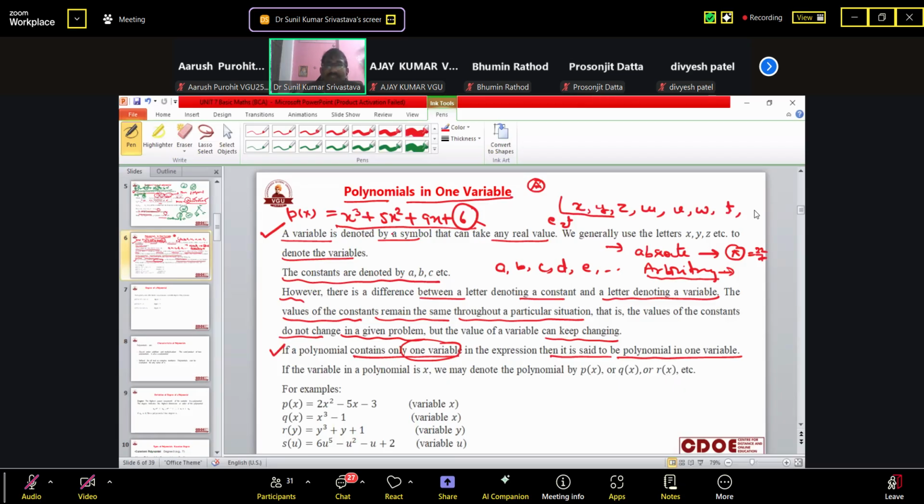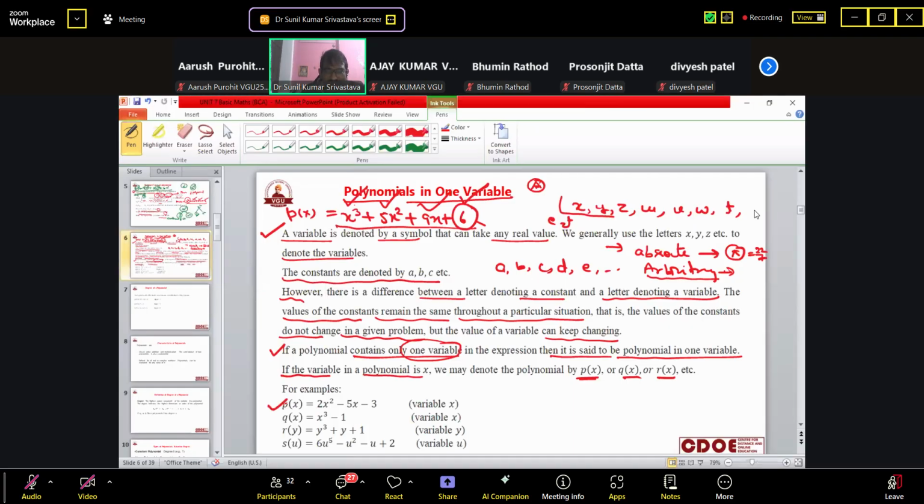Other variables, such as y and z, would also be applicable, so we could write polynomials in x and y. Here only one variable, x, appears, with four terms: this is the first term, the second term, the third term, and the fourth term. When the variable is x, we denote polynomials like p(x), q(x), r(x), and so on.